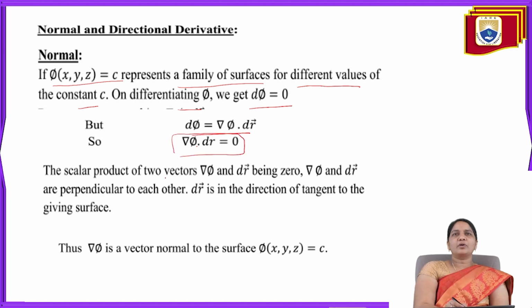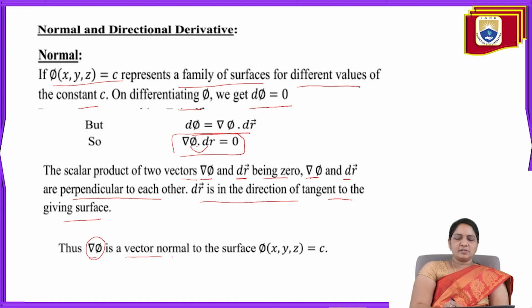The scalar product of two vectors del phi and dr bar being 0, so del phi and dr bar are perpendicular to each other. When this dot product is 0, these two are perpendicular to each other. So dr bar is in the direction of tangent to the given surface, and del phi is the vector normal to the given surface.